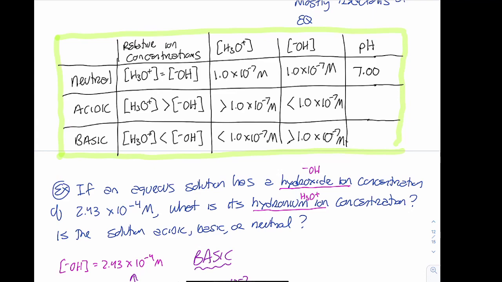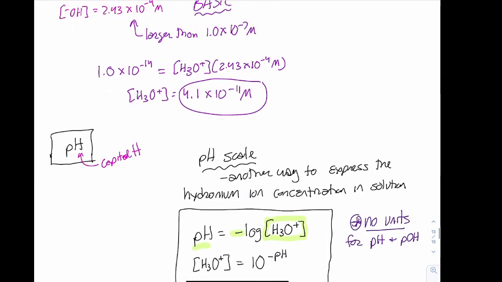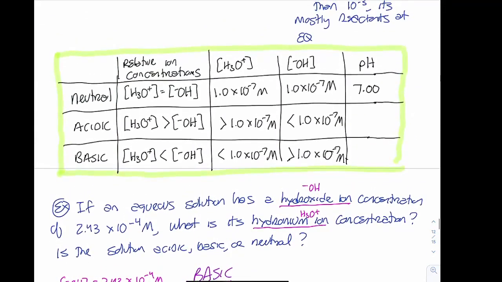However, my pH is going to be lower because pH is the negative log of that. So the more hydronium ions you have, the smaller your pH is going to be. We're raising it to the negative value. Sorry for all this scrolling. So if it's acidic, my pH is actually going to be less than 7.00. Just be really careful. Hydronium ions bigger, pH smaller, it's the negative log.